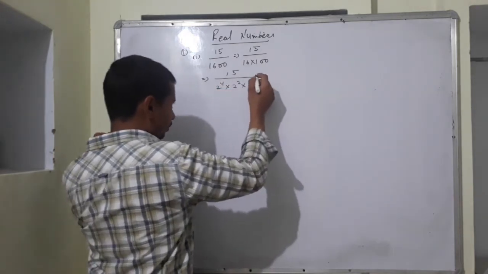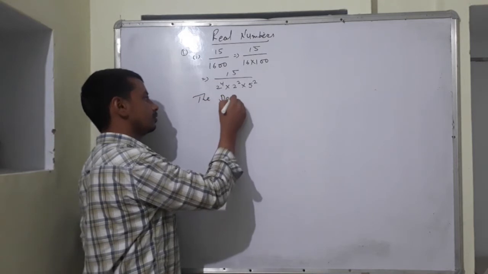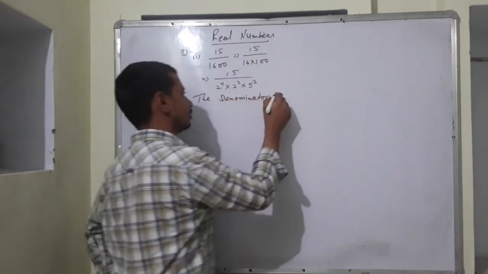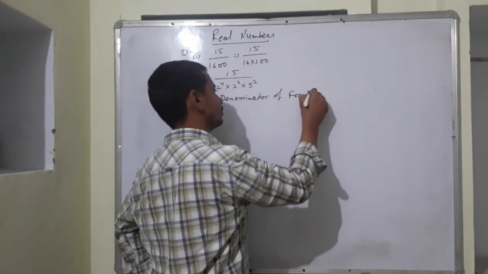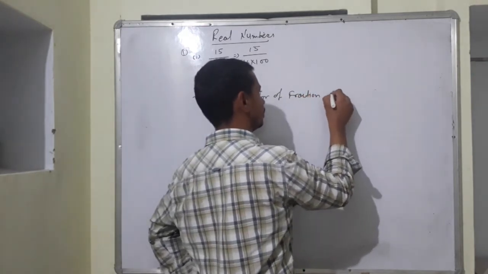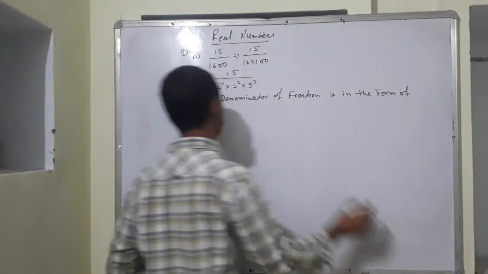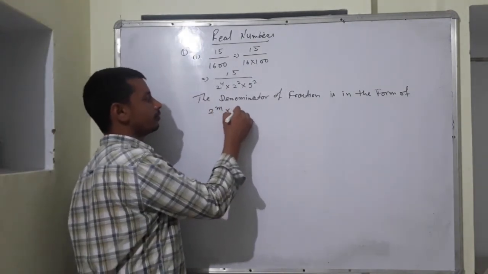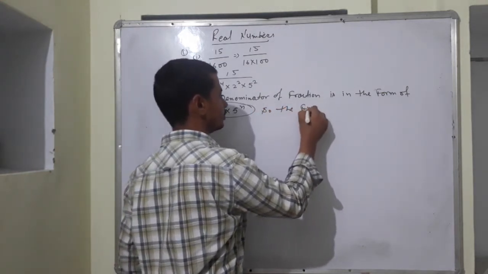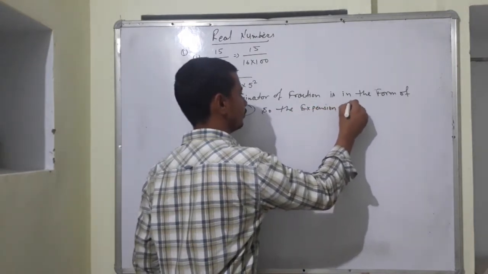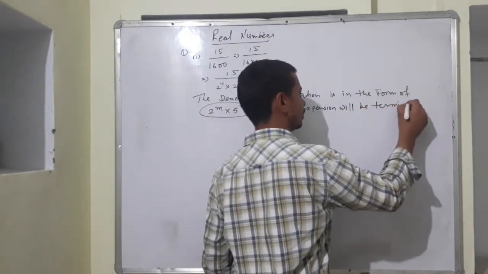Okay, so the denominator of the fraction is in the form of 2 power m multiply 5 power n. So the expansion will be terminating.